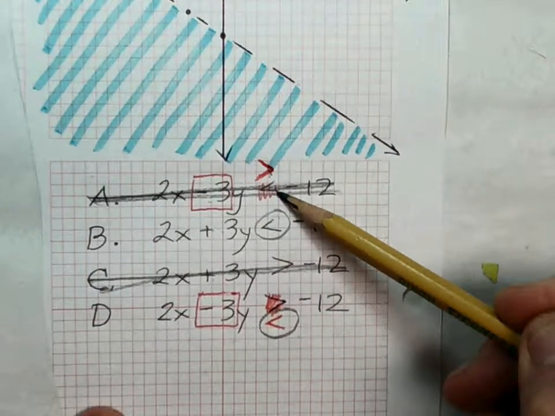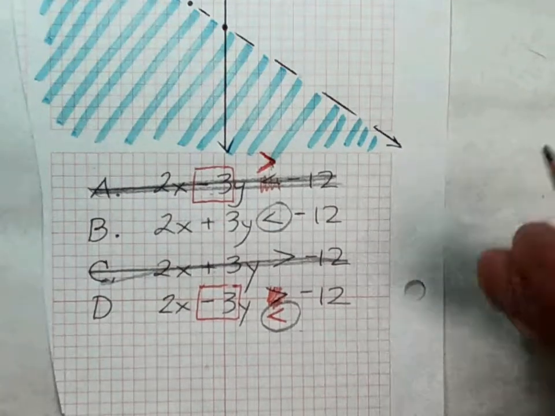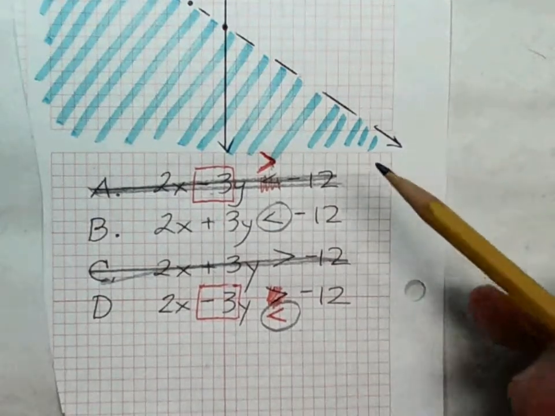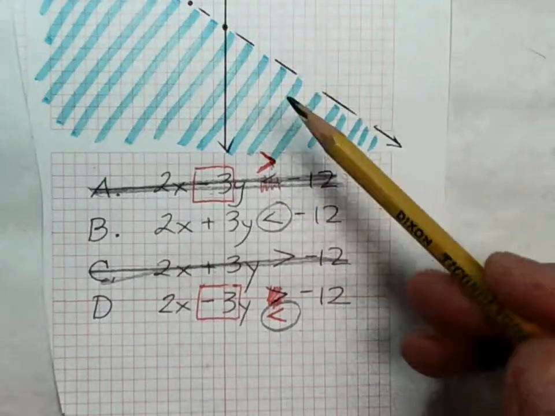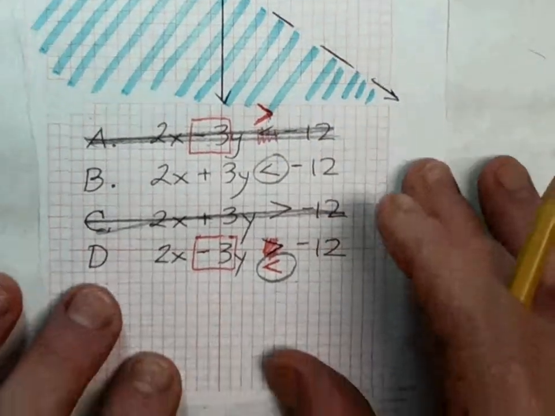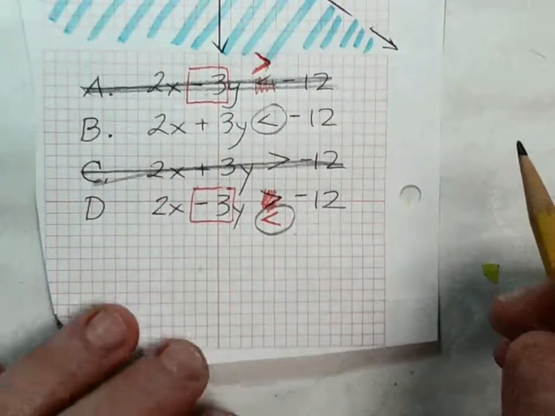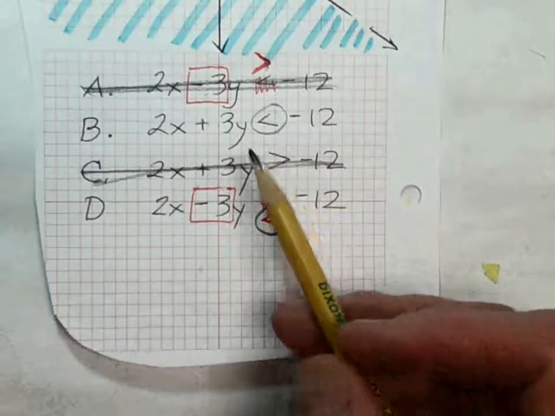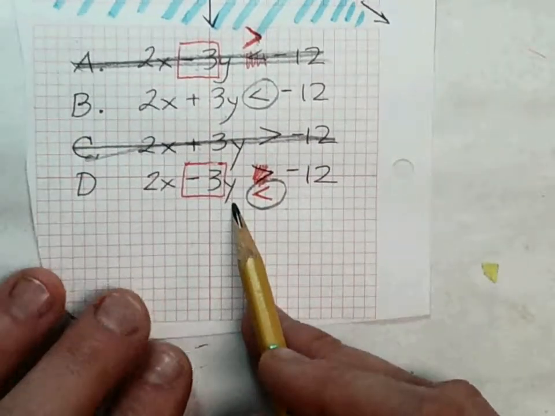All right. As I take a look at this, the question now becomes, which one of these that has less than, they're both shading below, which one actually gives me the right slope? This is where I'm going to have to solve for y. So if I solve for y over here, let me just try this one. Maybe D is the one we want.